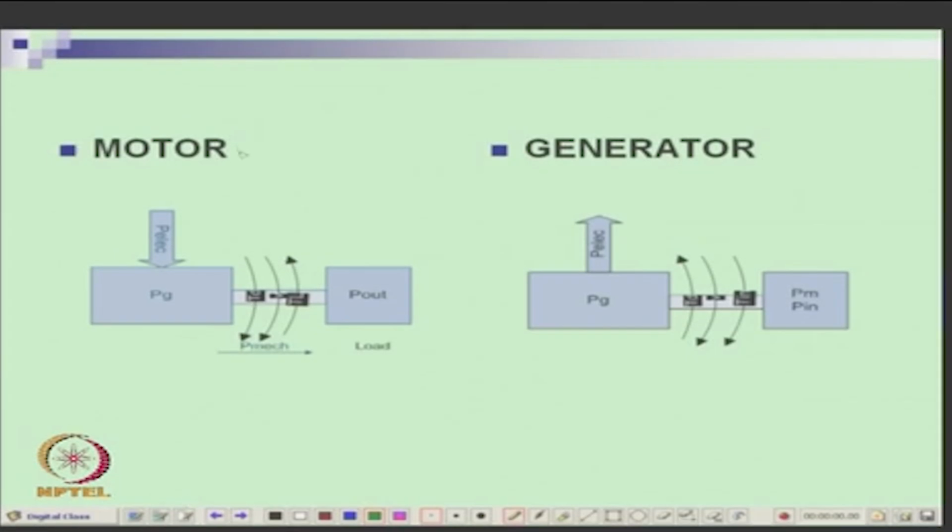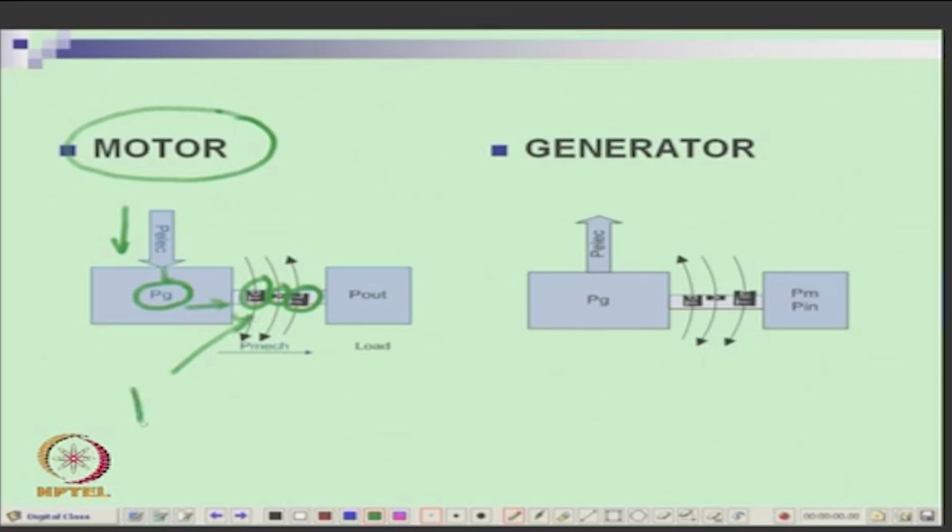Right. Now, whatever we have done we have graphically shown here. So, in a motor you have P electrical, you have the PG, okay. From here PG you have the P mechanical, you have the torque, speed, load torque, right.